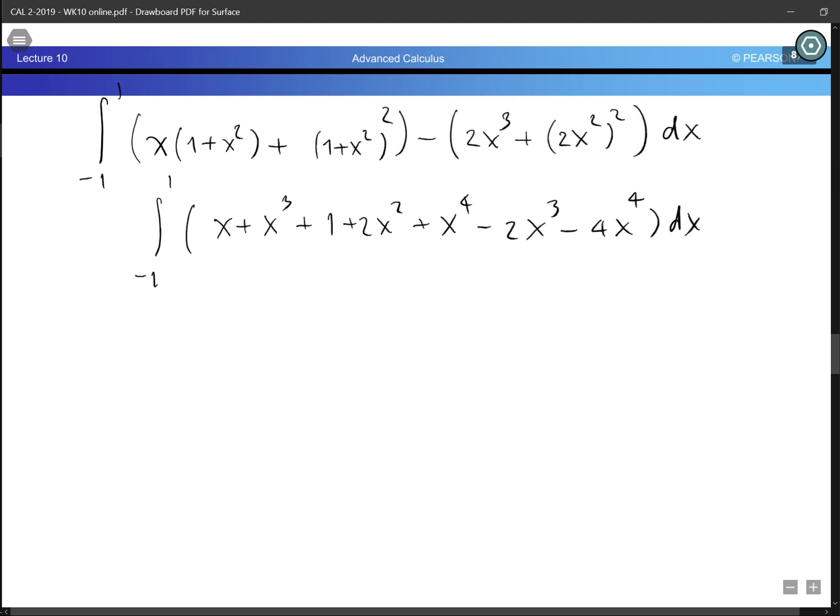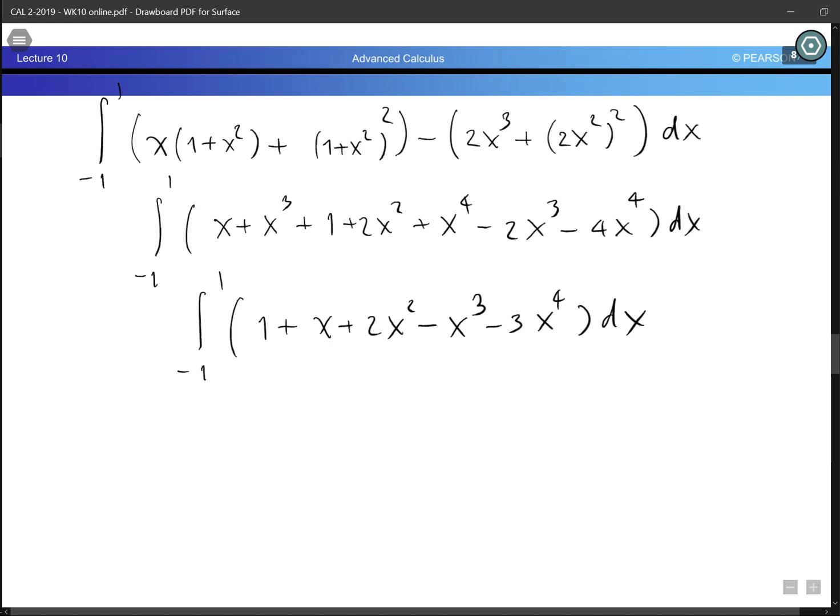And now let's combine everything to make it easier to do integration. From minus 1 to 1, we have 1 plus x plus 2x squared minus x cubed minus 3x to the fourth dx.